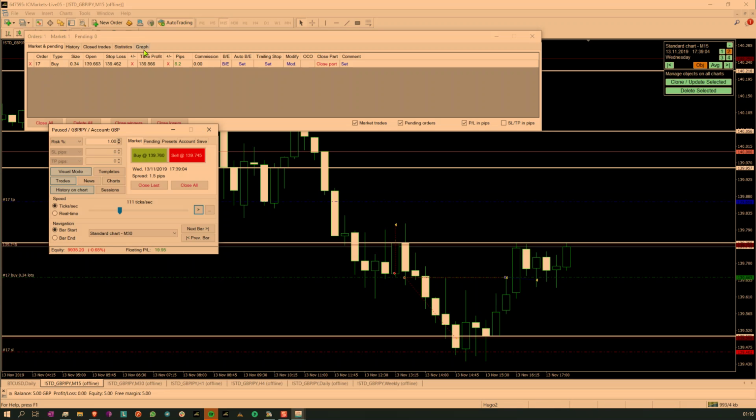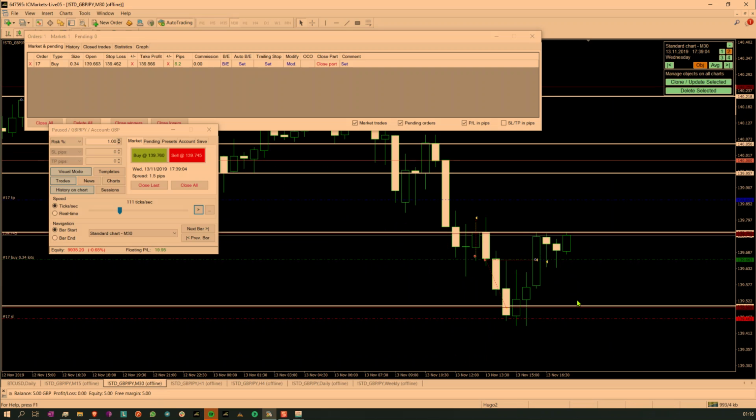How much is my stop if I put it below those wicks here, and 30? Oh man, yeah.